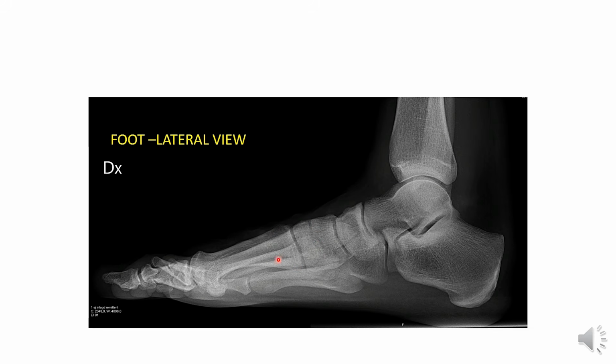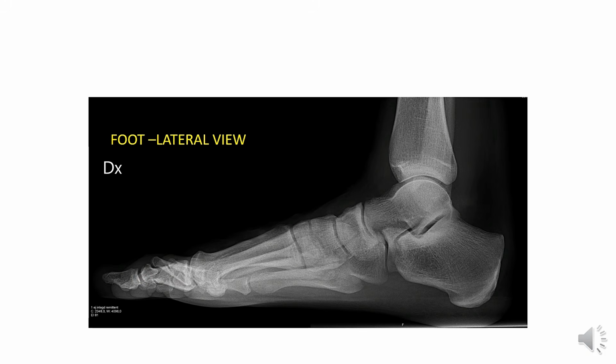Tarso-metatarsal joint is also a plane variety of synovial joint. Intermetatarsal joint is a plane variety of synovial joint. Metatarsophalangeal joint is an ellipsoid variety of synovial joint, and interphalangeal joint is a hinge variety of synovial joint.